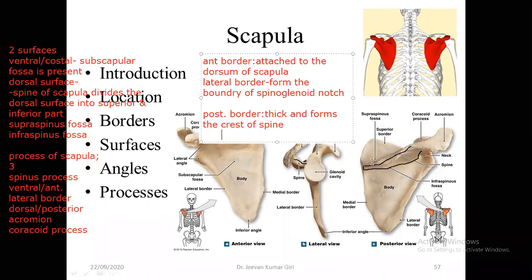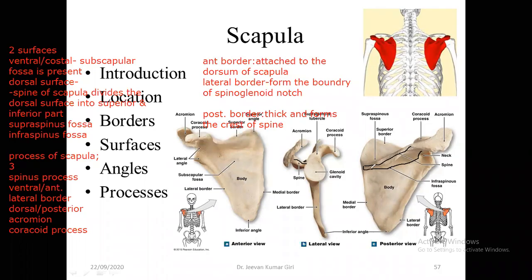Now if you see here, this crest has two lips. The upper margin of the crest is the upper lip, and the lower margin is the lower lip. So the dorsal border forms the crest of the spine, and the crest has two lips, the upper lip and the lower lip.